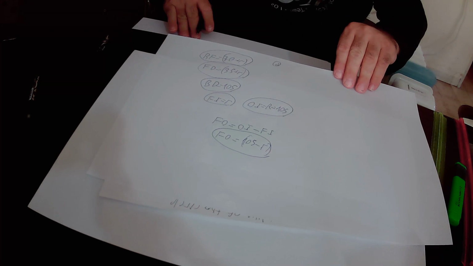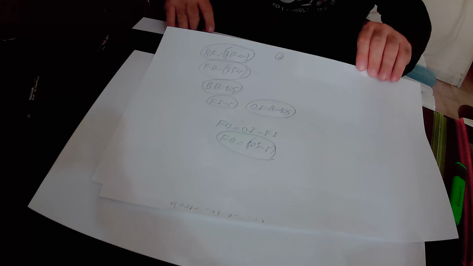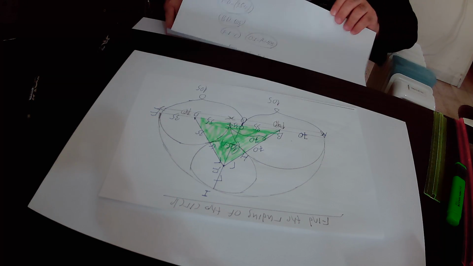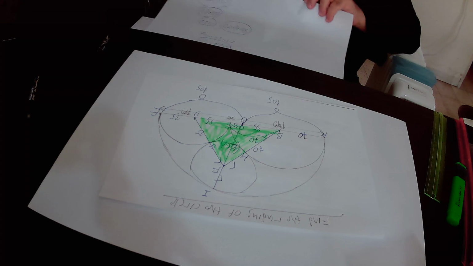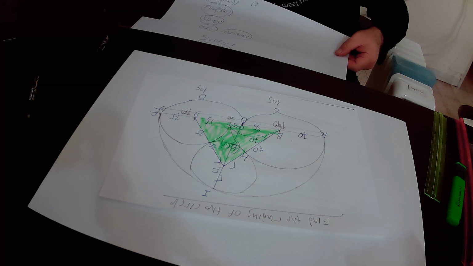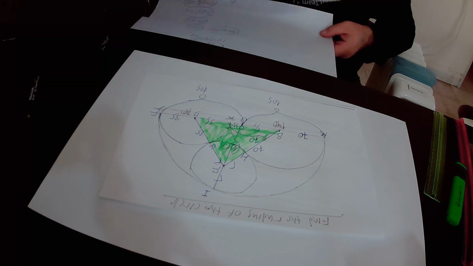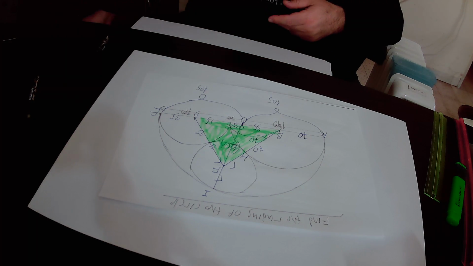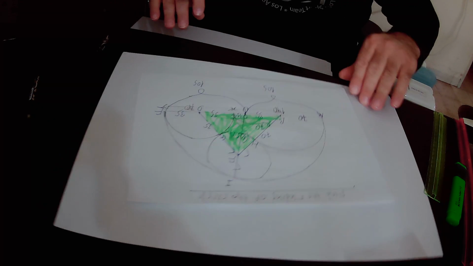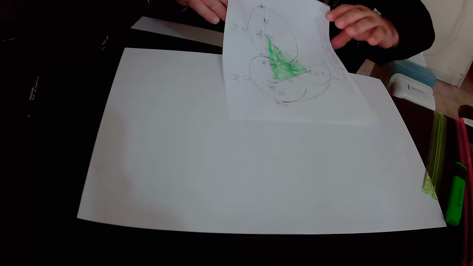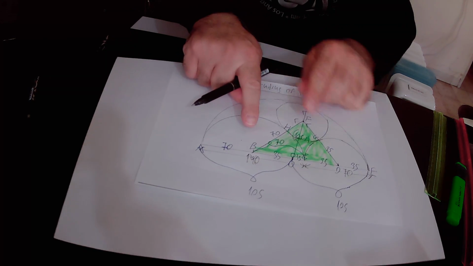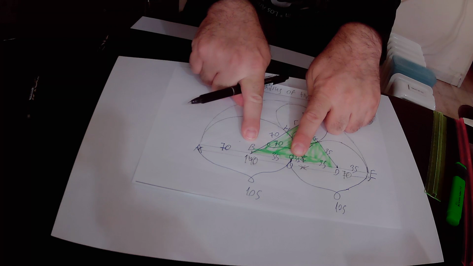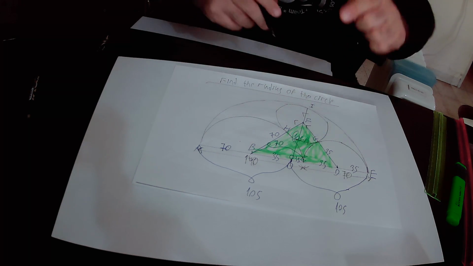And here, line segment BO equals 35 units in its length.